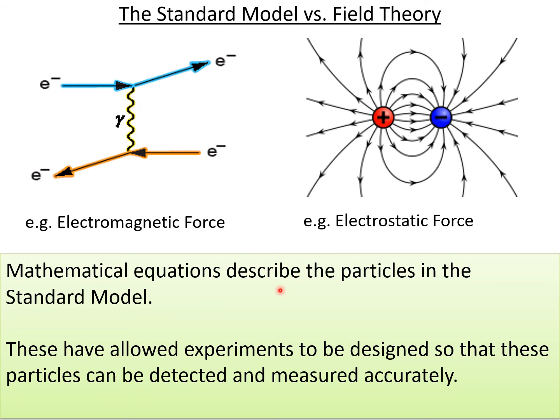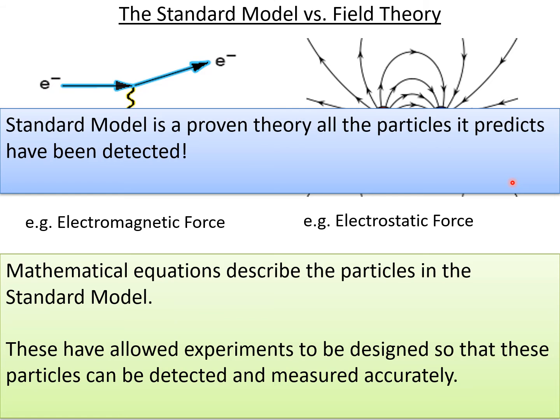Okay, now mathematical equations describe the particles in the standard model, and in fact it's one of the most successful scientific models that we've come up with so far. They've allowed experiments to be designed so that each of these particles can be detected and measured accurately. And so far, all of the particles that it predicts have been detected.